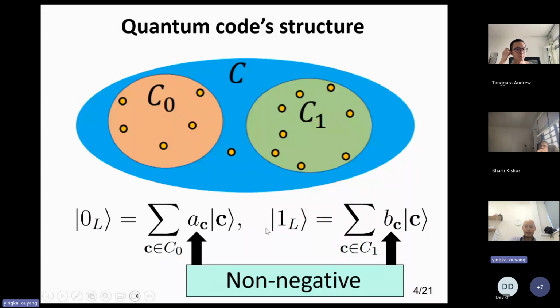But anyway, these are non-negative coefficients here. And of course, I can make any logical code word in this way. But then the question is, do these logical code words form a code that has said quantum error correction properties? And this is what we would like to discuss.